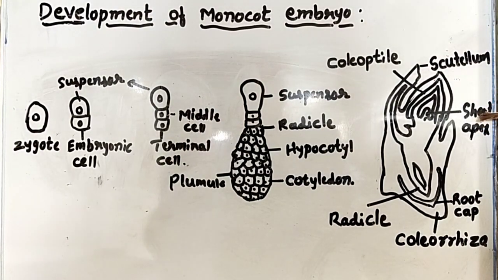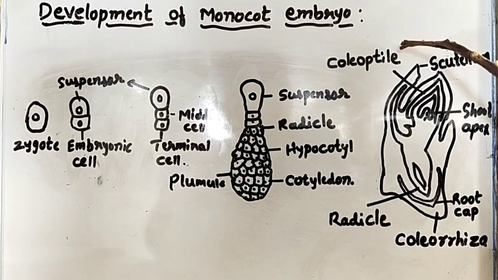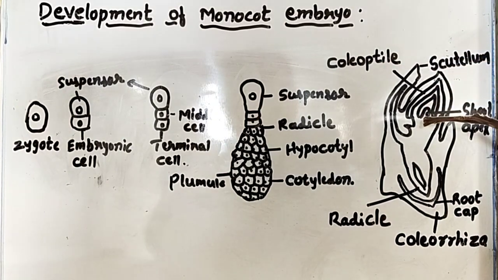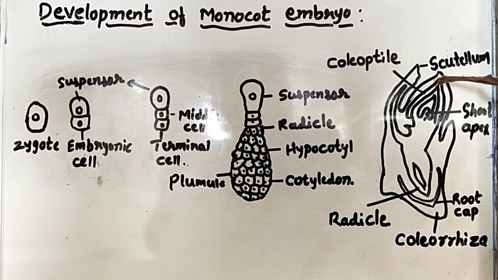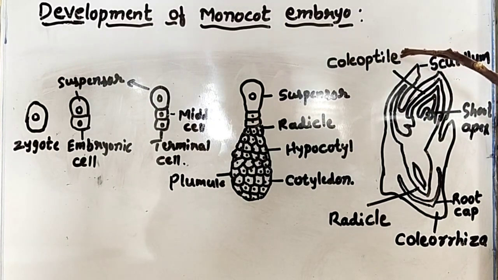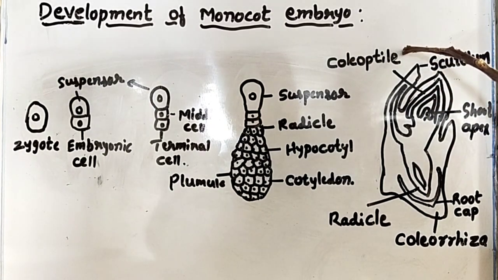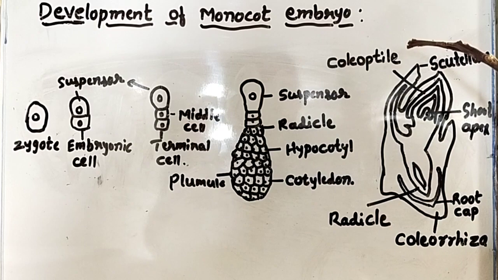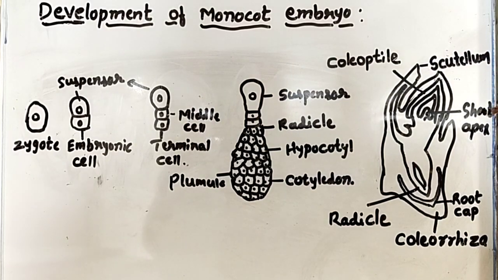The shoot apex is enclosed in a sheath, and that sheath is known as coleoptile. Understood, students? Here you can see the presence of the shoot apex.